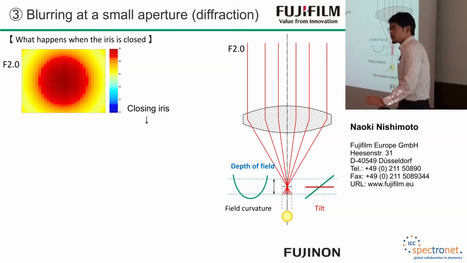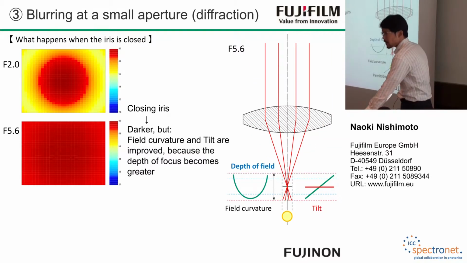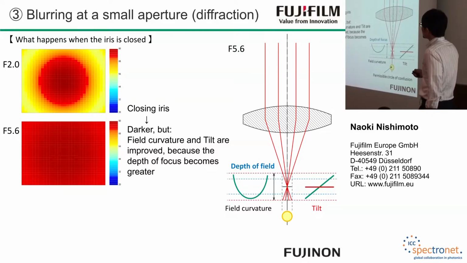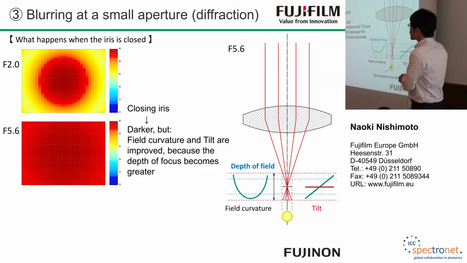Then what will happen with F5.6? Yes, it becomes dark, but the field curvature image is in the depth of focus now. So resolution is improved.